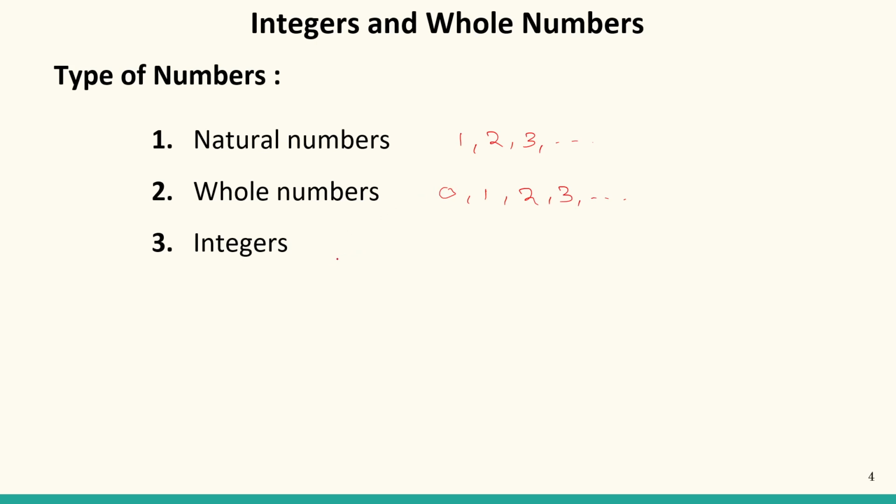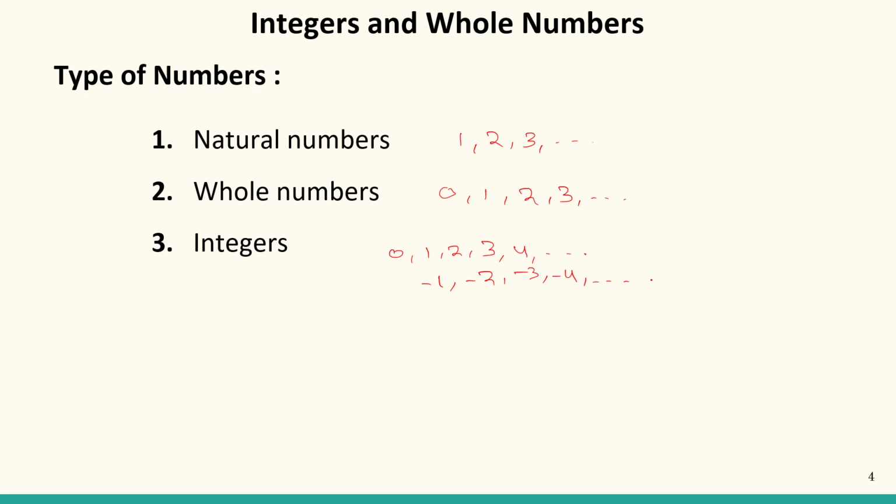So what are integers? Integers are the whole numbers 0, 1, 2, 3, 4, and so on, and the negative numbers, that is -1, -2, -3, -4, and so on. Natural numbers are 1, 2, 3, and so on, and whole numbers are an extension of natural numbers.